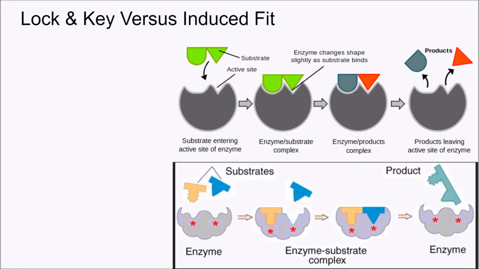Okay, so the lock and key versus induced fit. So there's two different models that we've come up with to sort of describe how substrates bind to enzymes and how this happens. The first one, the older one, is the lock and key model, which you can see at the very top. The lock and key model just basically says that the active site is basically the exact same shape as the substrate, and this helps to make sure that each individual enzyme is only interacting with its particular substrate.